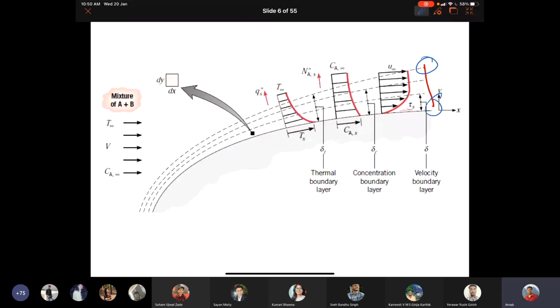The thermal boundary layer results from the free stream temperature and the surface temperature. Analogous to that, if there is a concentration gradient, you also have a concentration boundary layer.